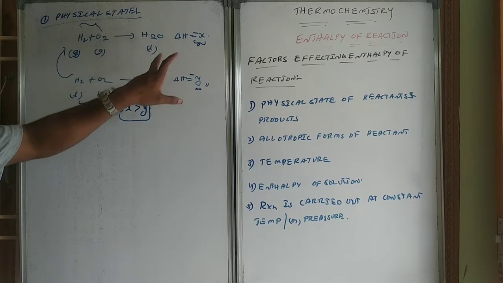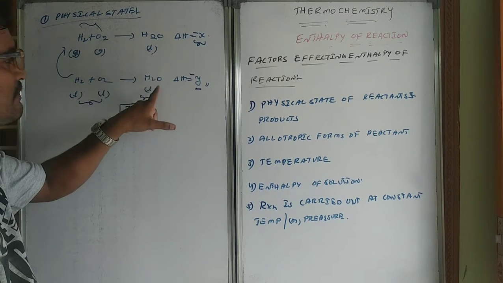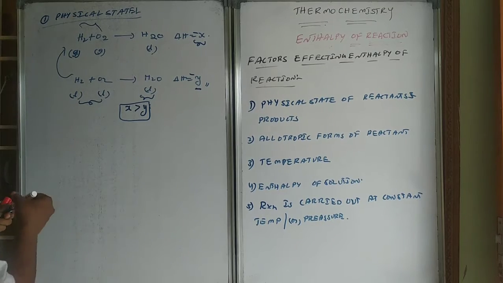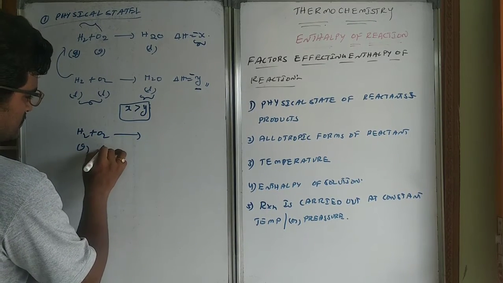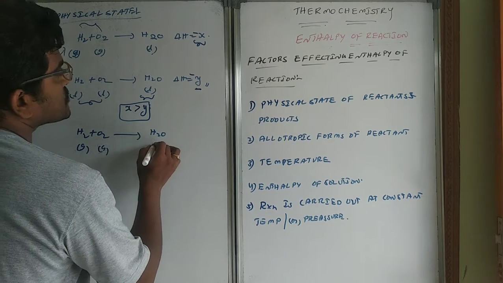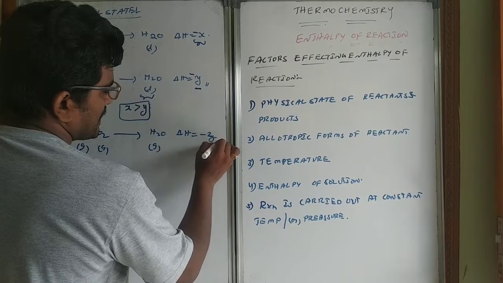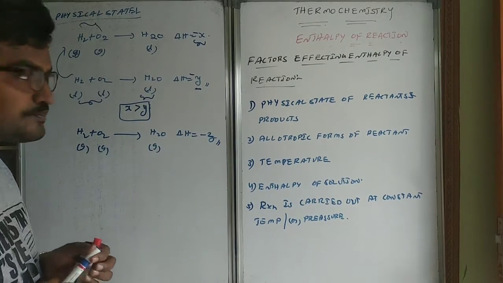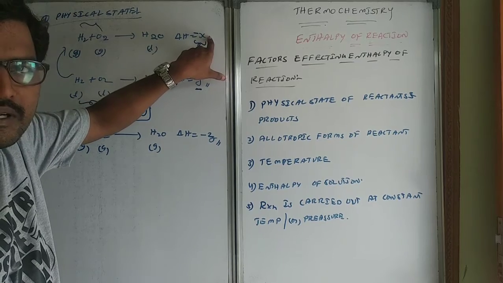And even you can understand from these two also. If H2O is in a liquid state means, let me give you another thing. H2 plus O2 gives H2O gas, delta H is equal to minus Z. Here you see water is in a liquid state, so X is the heat liberated.